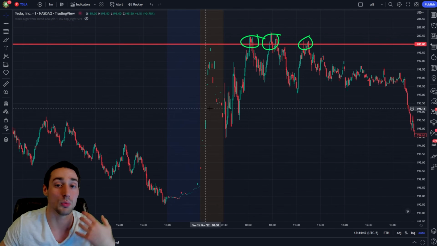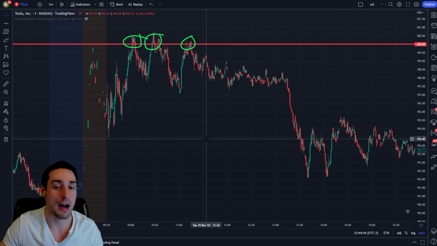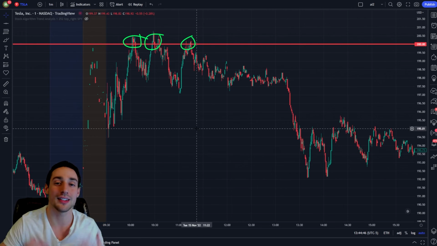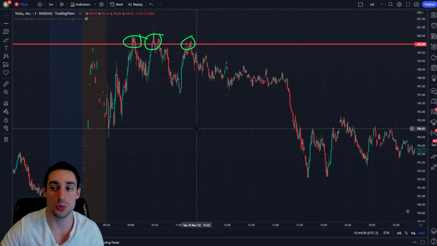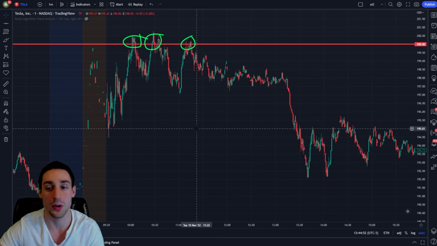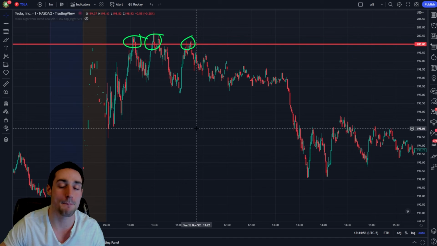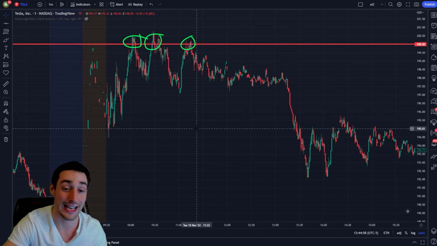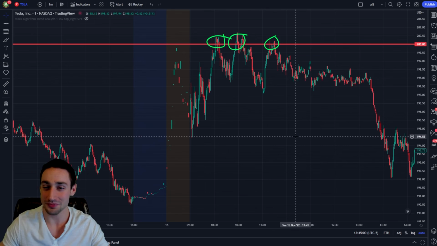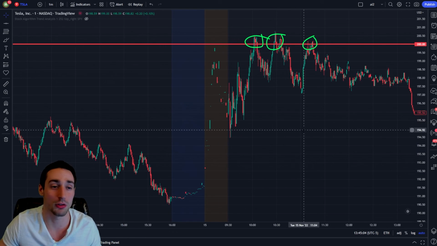When it comes to wiggle room and confirmation candles, there's no exact science to it, of course. As you continue to experience trading and practice, you will get better and better at identifying which candles are true confirmation candles and how much wiggle room to give.